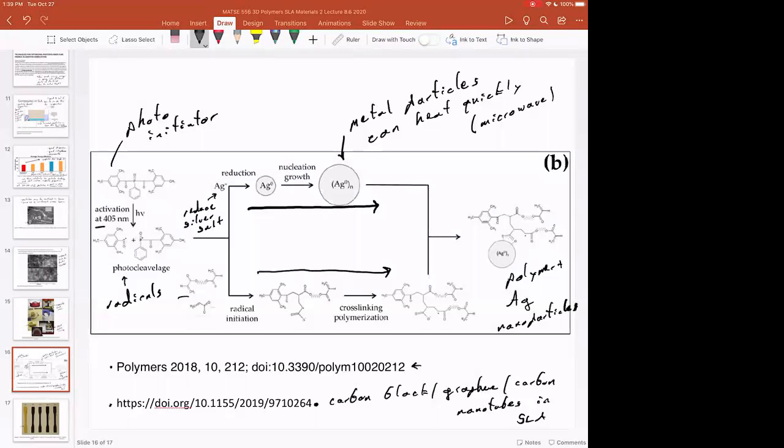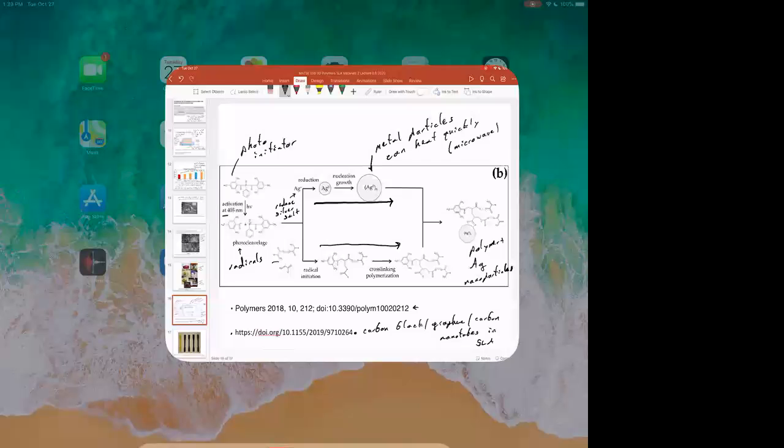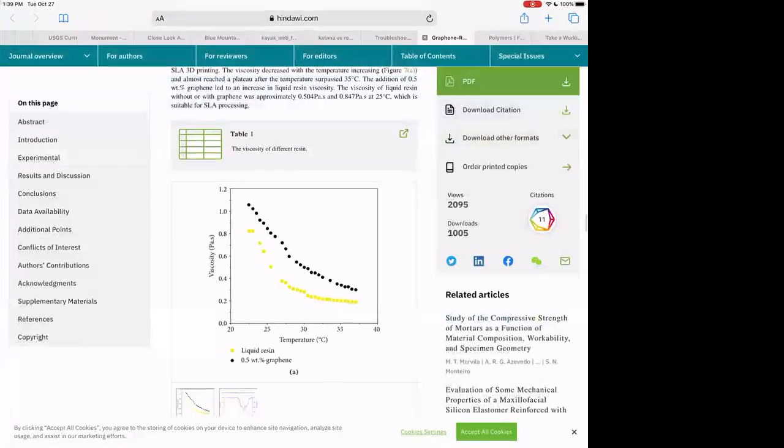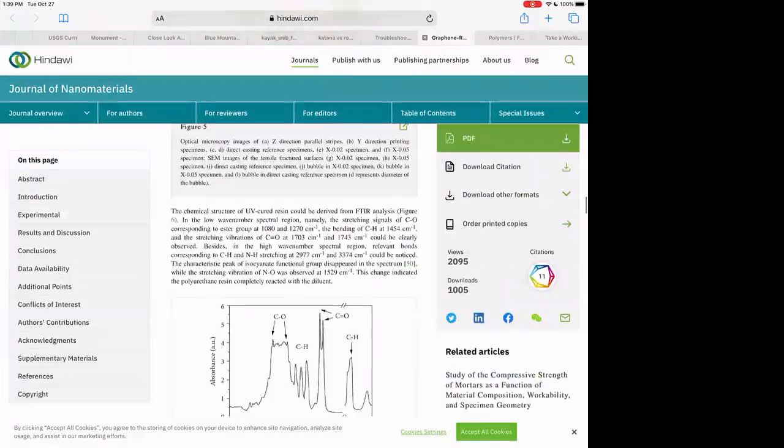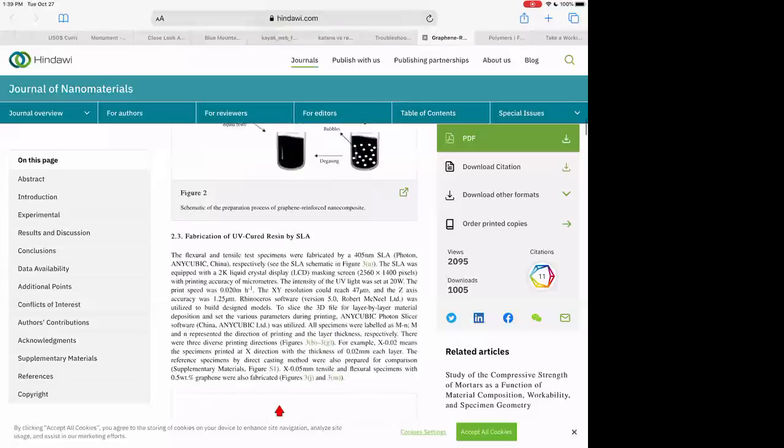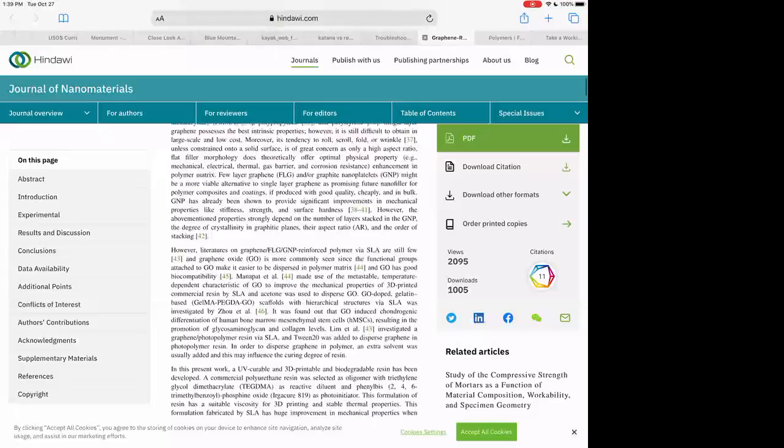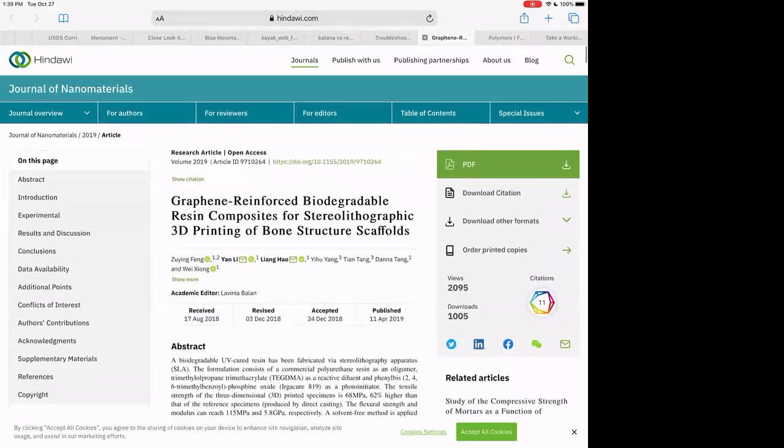If you go to this link, like I did, and bring up this paper, the title of the paper is Graphene Reinforced Biodegradable Resins. That's interesting, but you know that graphene is black. So one of the pauses that you might make is saying, well, the graphene is going to absorb all the light. How do you SLA this material?